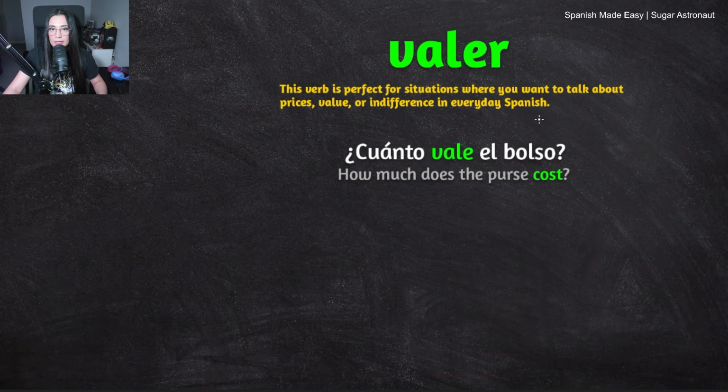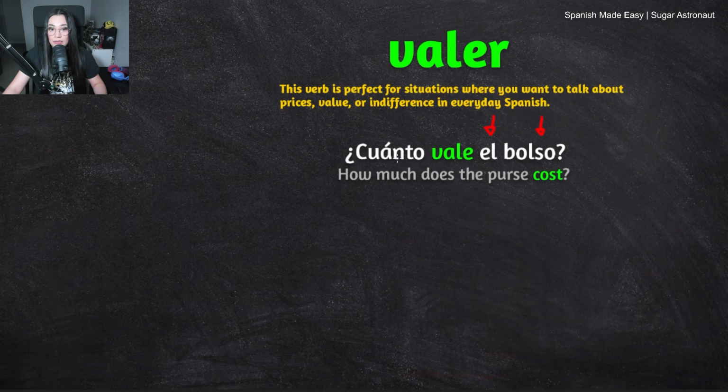Of course, what we changed was a noun. And in this situation, we have a definite article. El means the. It's also masculine and singular. And the reason why we're having a singular and masculine article is because bolso is a masculine noun. Excellent.